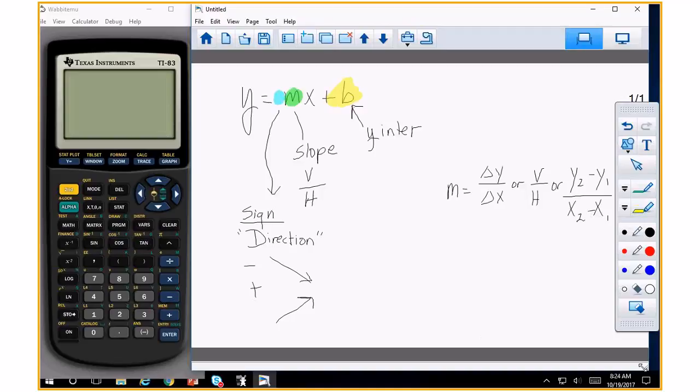All of these mean the same thing. This is more of a science application, this is more of an algebra application, and this is more of a calculation application.